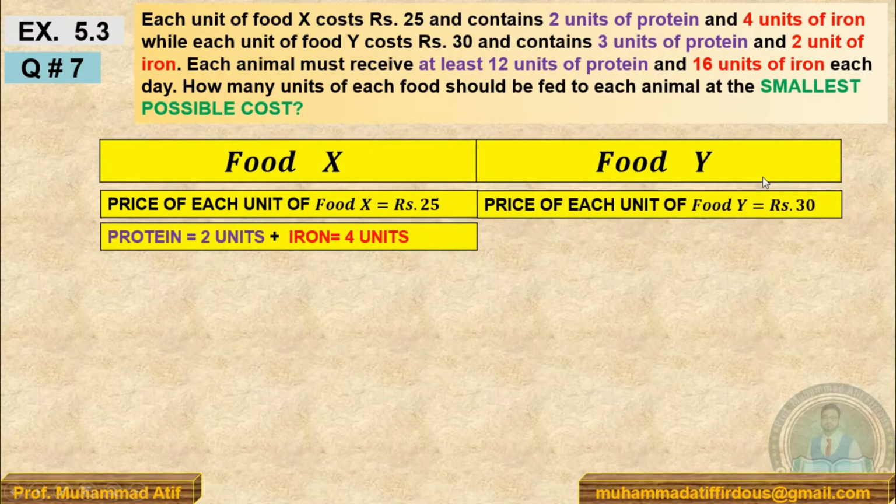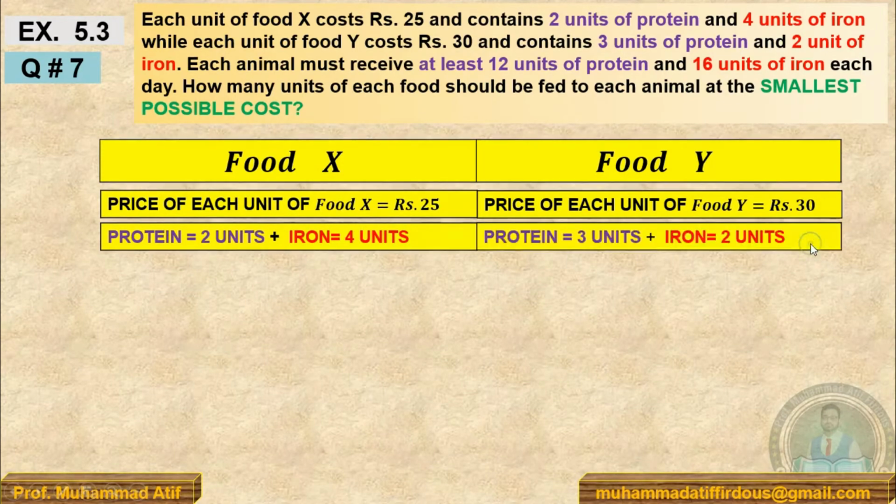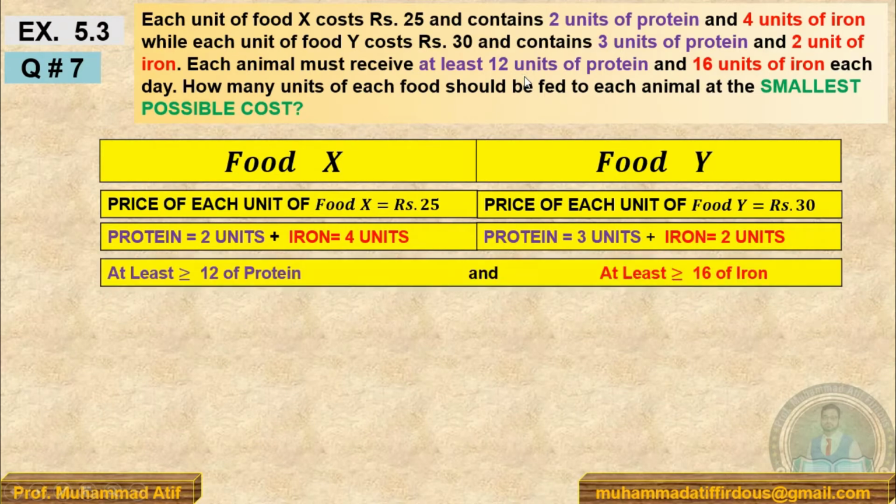In Y, the cost of each unit of food Y is 30 rupees, and you can use 3 units of protein and 2 units of iron. Another condition: you should use at least 12 units of protein and 16 units of iron. So I converted this word problem into this picture form.